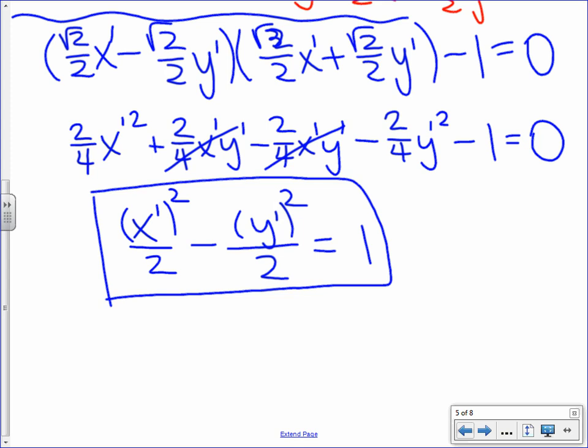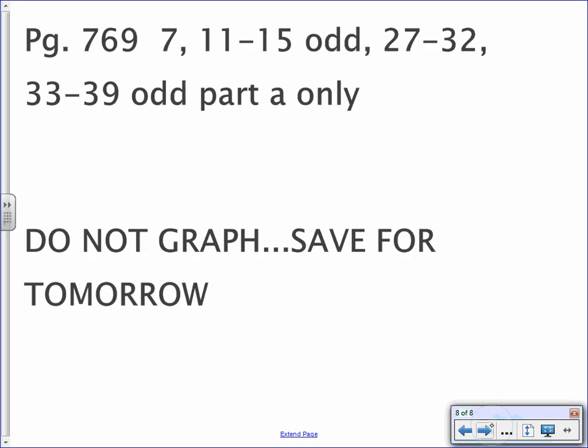Now, I know that these problems take some work. You only have 4 problems that are the algebra. Do not graph them. That is what we are going to save for tomorrow. Anything else should be just identifying what type of conic it is. Do not graph any of these.